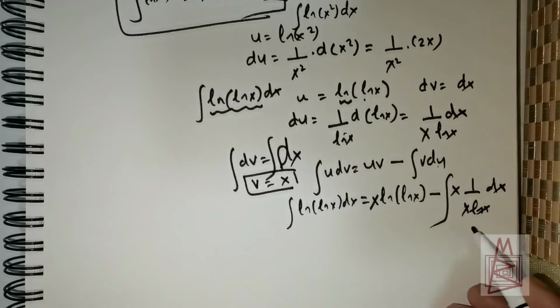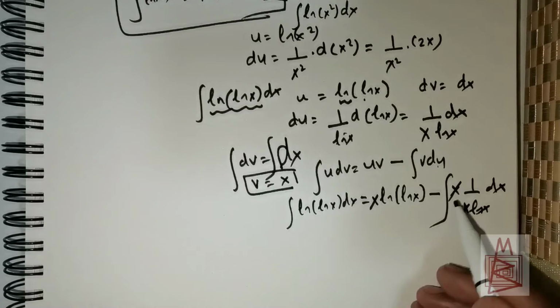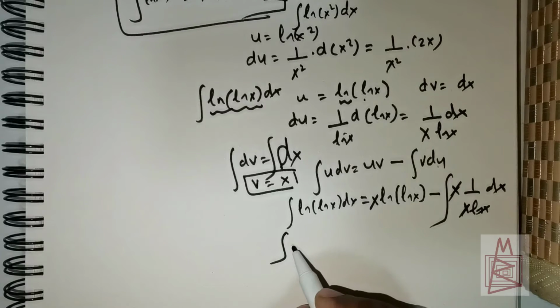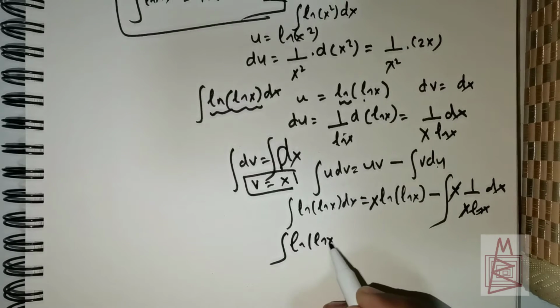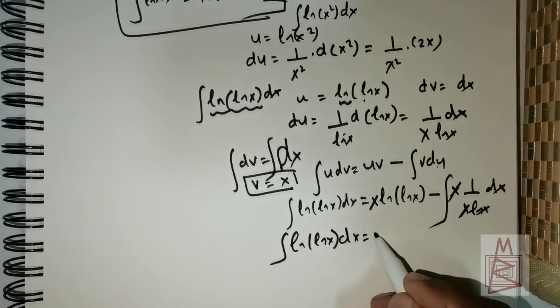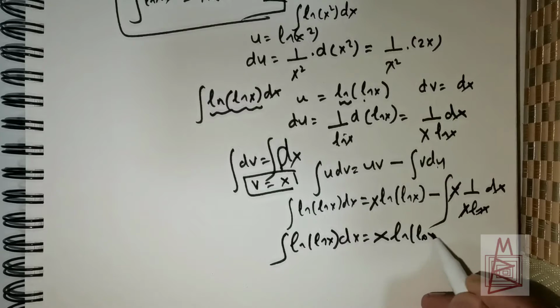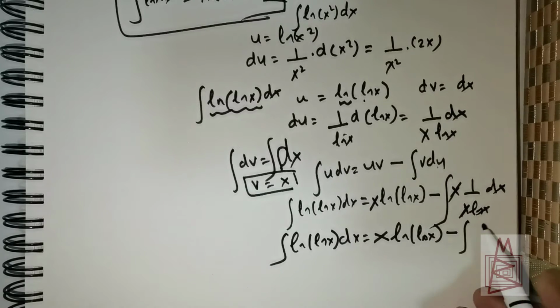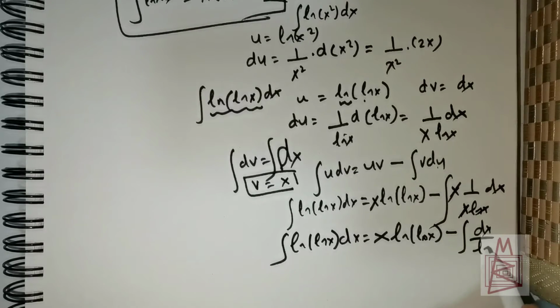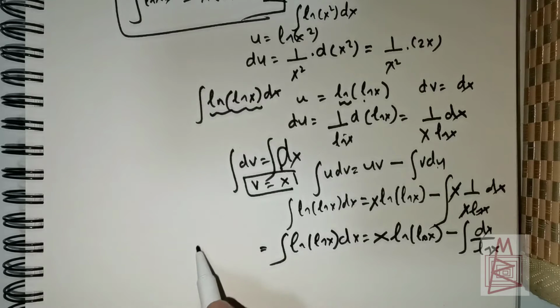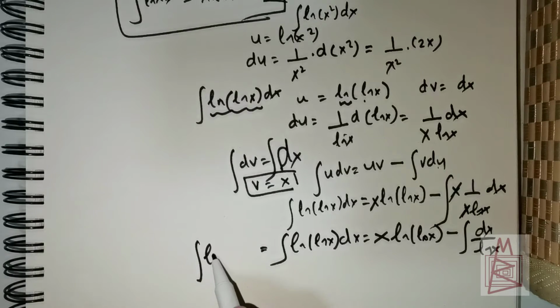So the x cancels, and I now have integral of ln of ln x times dx is equal to x times ln of ln x minus integral of dx divided by ln x. So this is what I have got for the integral of ln of ln x times dx.